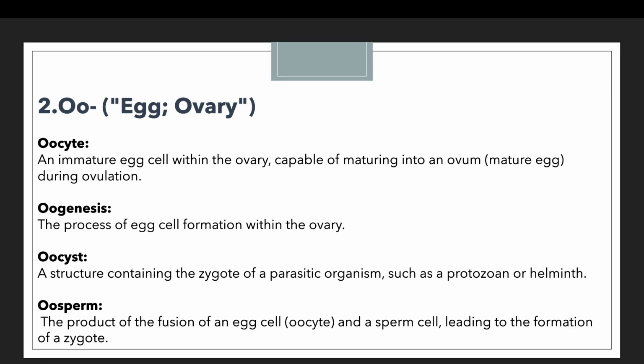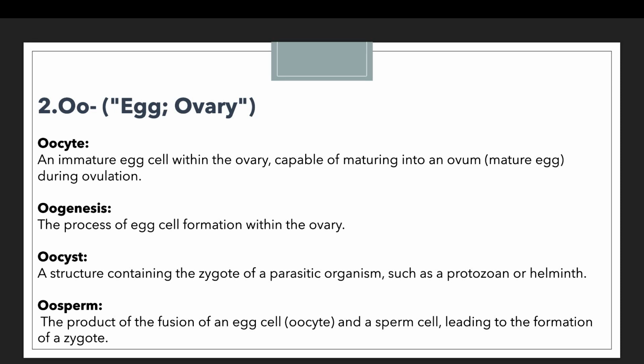Okay. Then we have the next example, which is oocyst. Now what is oocyst? It is a structure containing the zygote of a parasitic organism such as a protozoan or helminth. This type of structure is defined with the terminology oocyst, which starts with the prefix oo.